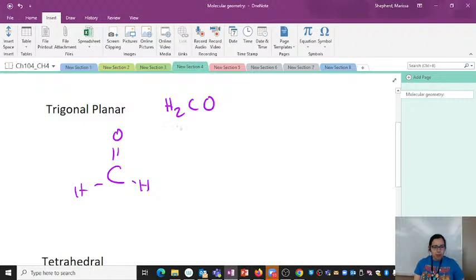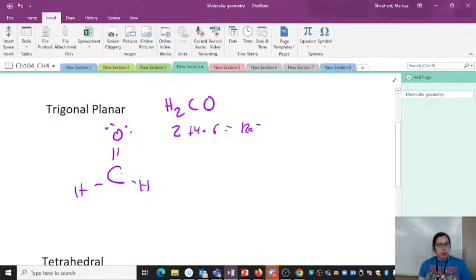And then your total electrons should still all add up. So 2, 1 from each hydrogen, plus 4, plus 6. So we should have 12 electrons in our system. It's 1, 2, 3, 4, 5, 6, 7, 8, 9, 10, 11, 12. And so it still works out for our little chart.